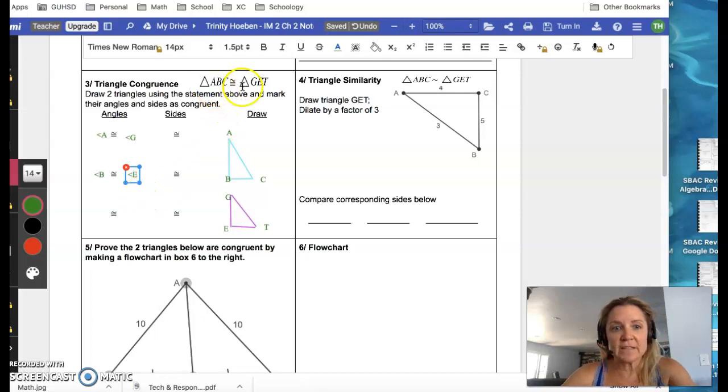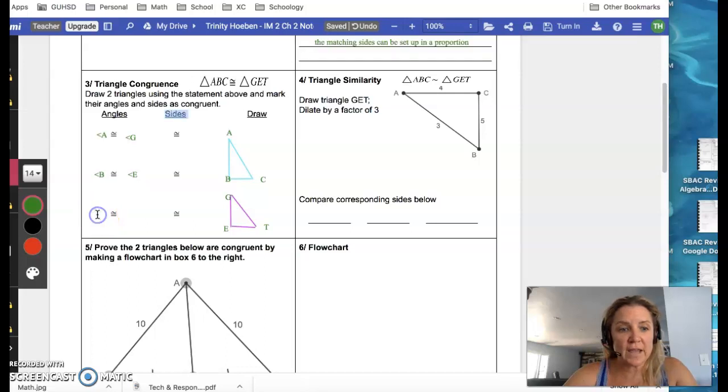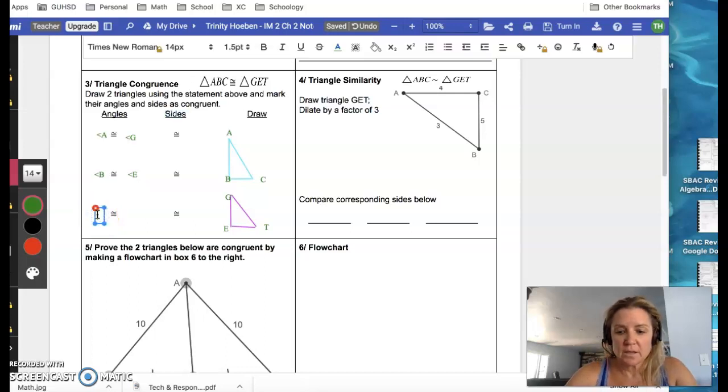It's the same order between the two triangles. The third one is angle C is congruent to angle T.